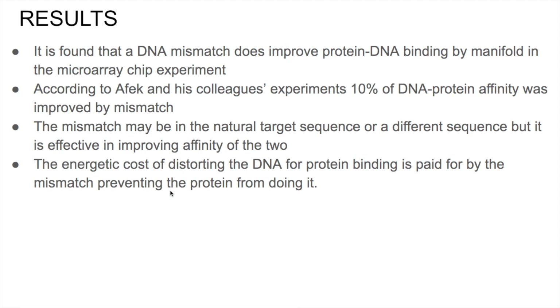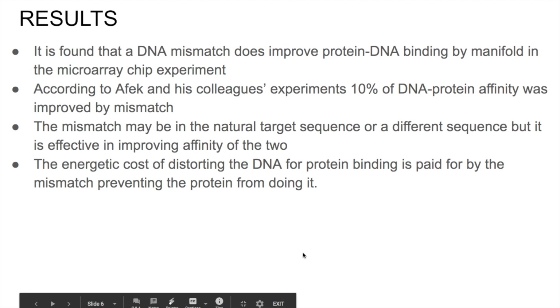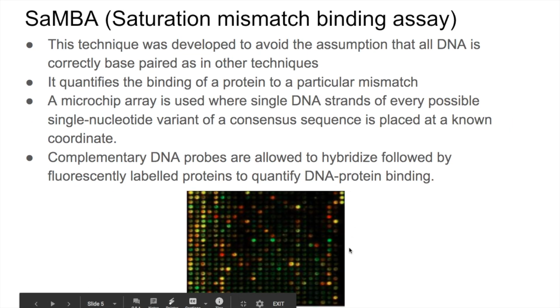This can also be seen if we double the number of DNA strands introduced with a single nucleotide variant. That will tell us that if there are double the number of ligated sections, it would mean that protein-DNA binding is directly proportional to the single nucleotide variants of the consensus.